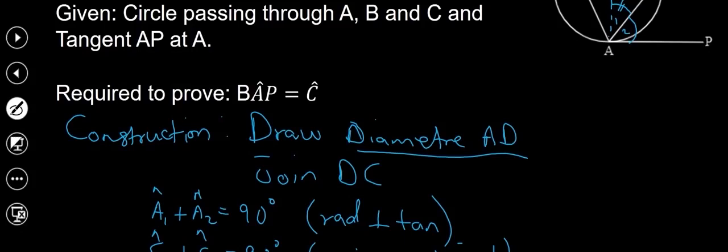They are both subtended by that particular arc that I have shaded there. So I will say, but A1, right? My A1 is equal to C2. And this will be angles in the same segment.